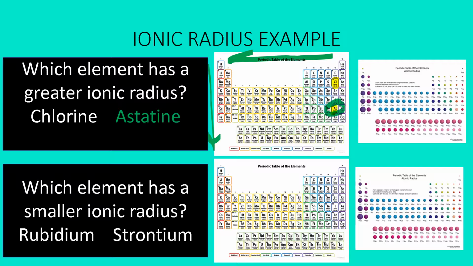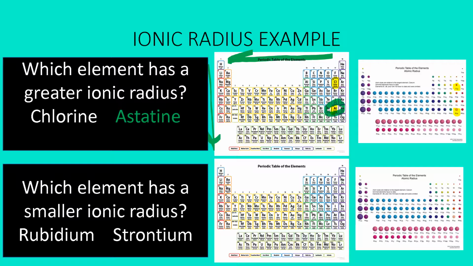But of course we would like to check that, so we're going to go over to this diagram over here and locate chlorine and astatine, and based on the relative sizes on the diagram, we can see that astatine number 85 is going to have a greater ionic radius than chlorine number 17.